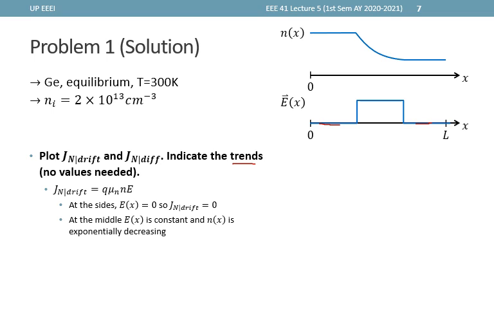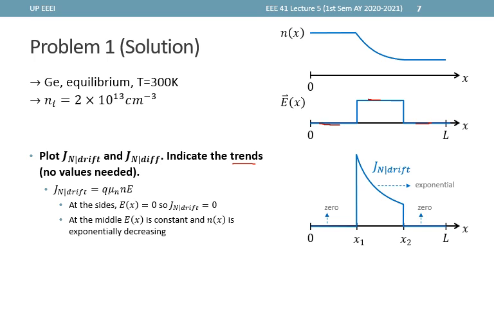Since E is a constant, Q is a constant, and mu N is a constant, then Jn drift must follow the same shape as N of x. And therefore, we'll get this plot here where at the two outer segments, the drift current density for electrons is 0, while it is simply exponential at the middle.